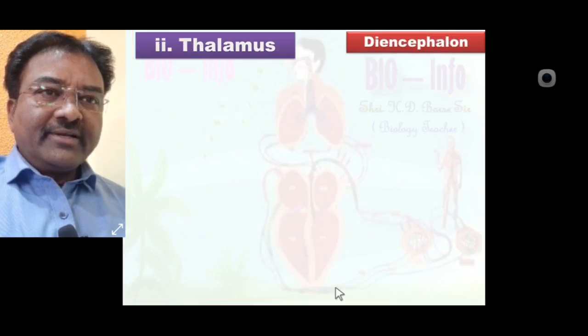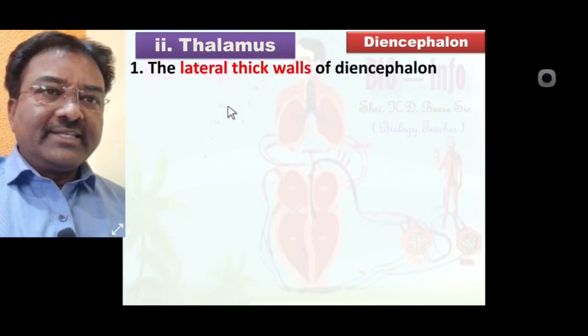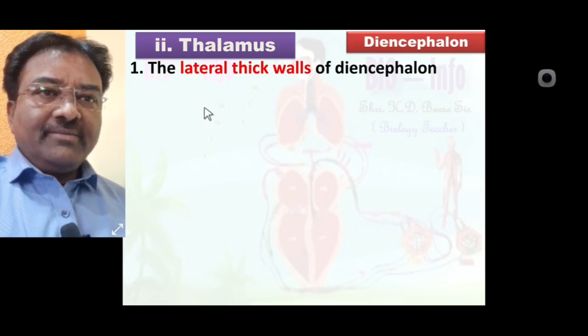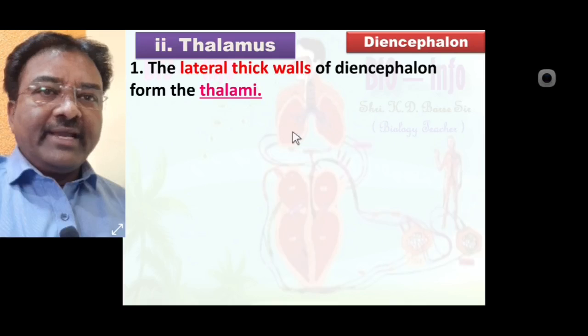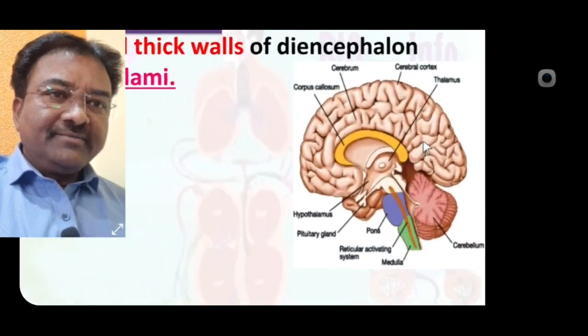Now we learn the second part of diencephalon called thalamus. Thalamus is the second part of the diencephalon. The thick lateral wall of the diencephalon forms thalami, seen here.